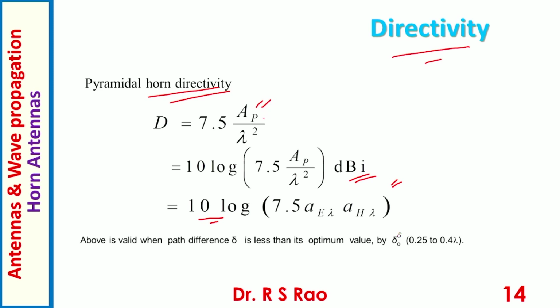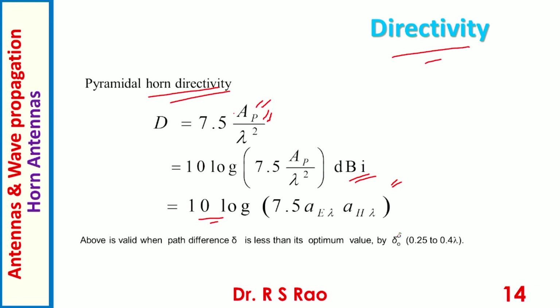Physical aperture area multiplied by aperture efficiency gives effective aperture. So D is effective aperture by lambda square into 4 pi. From physical aperture, effective aperture can be obtained by multiplying physical aperture with aperture efficiency.